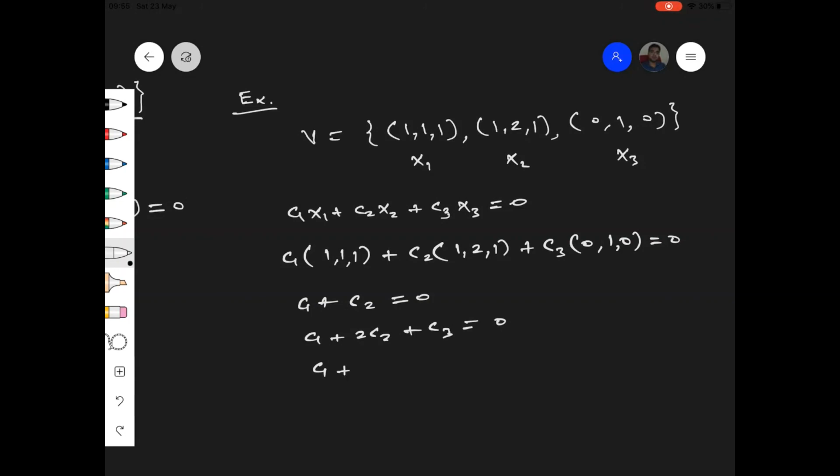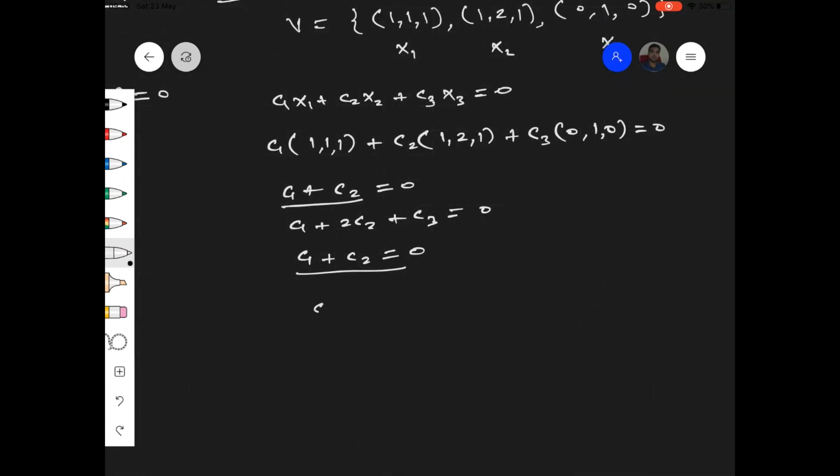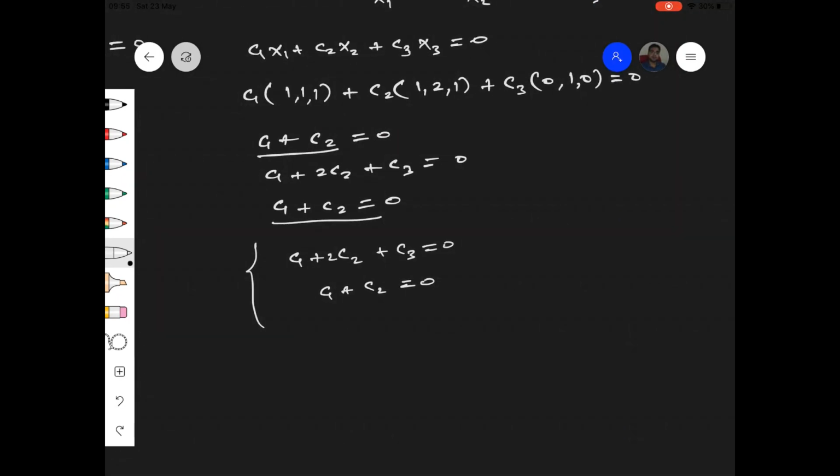Effectively this system is driven by only two equations, C1 plus 2C2 plus C3 equals 0 and C1 plus C2 equals 0. So it has two equations in three unknowns, so one of the variables is free. Let us choose a value for one variable, say C2 equal to 1. Then definitely we have C1 equals minus 1, and by using back substitution we get the value of C3 as minus 1.